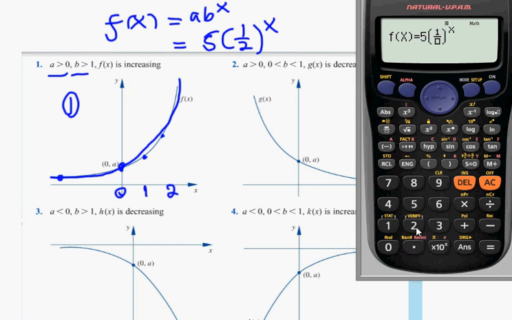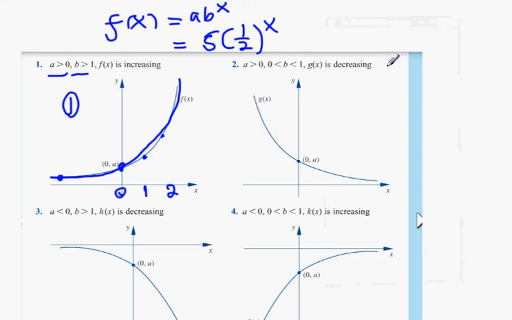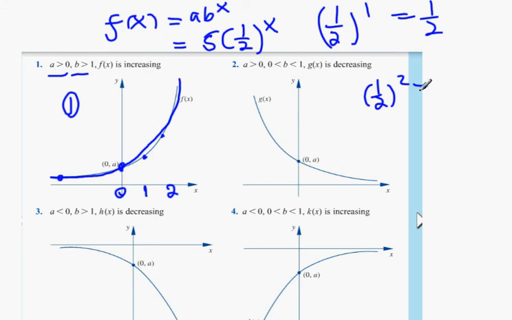Now, the interesting thing to notice about a half is the more you power a half, the smaller it gets. For example, a half to the power of 1 is a half. A half to the power of 2, a quarter. A half to the power of 4 is 1 over 16.